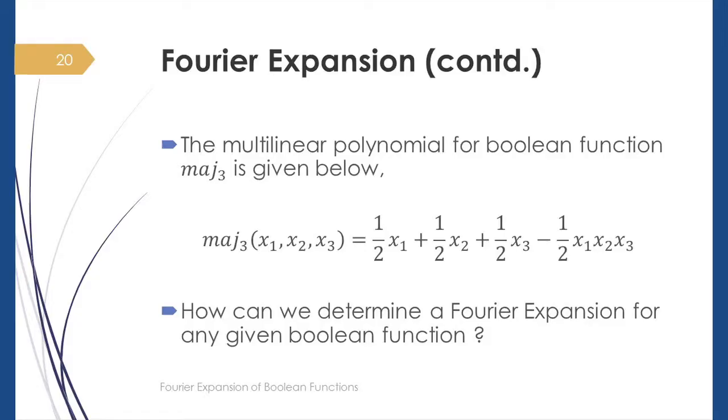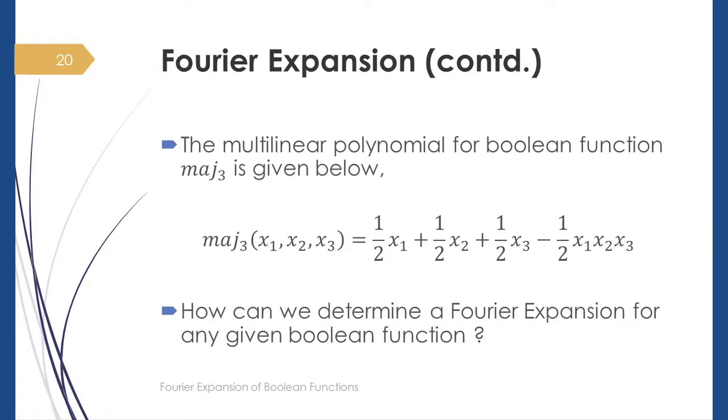The polynomial is half x1 plus half x2 plus half x3 minus half of x1 times x2 times x3, and that indeed represents the correct answer for the majority function. You could go through and verify it simply the way we did in the case of max2.